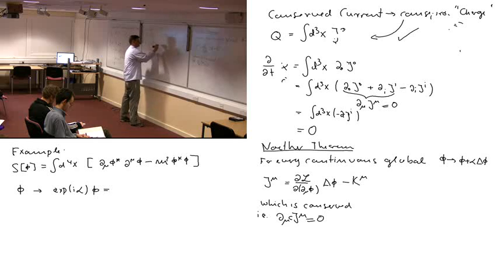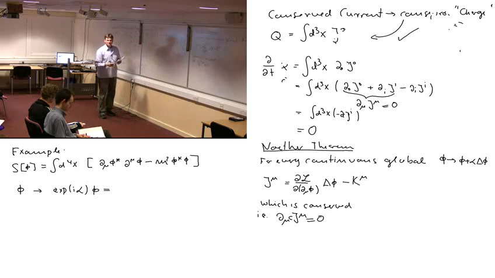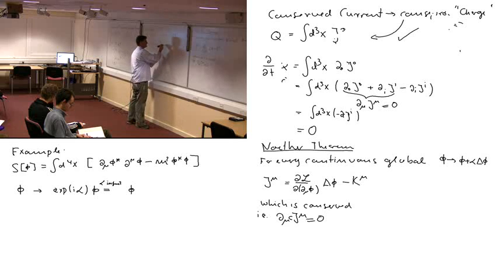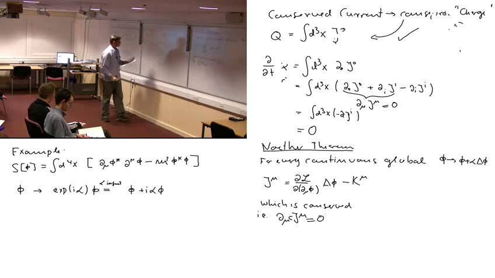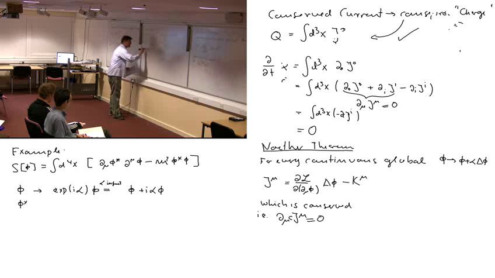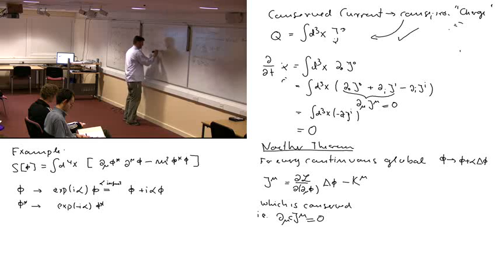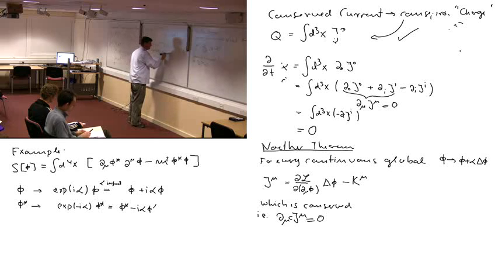If we take alpha to be very, very small, then this is phi plus I alpha phi. And similarly, the transformation for phi star is exponential minus I alpha, so phi star goes to phi star minus I alpha phi star.